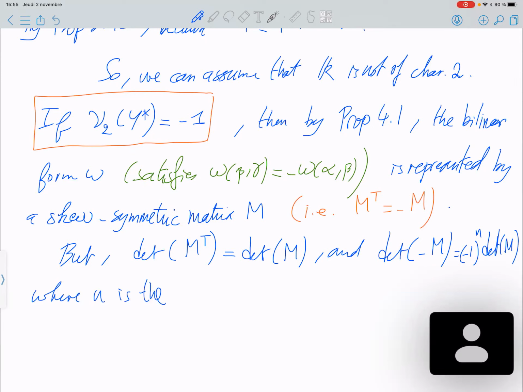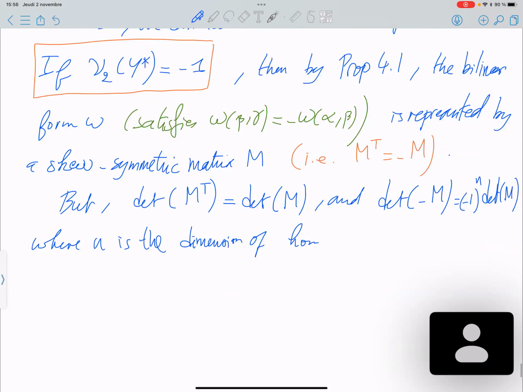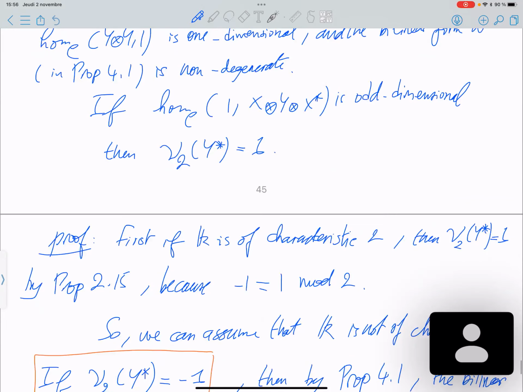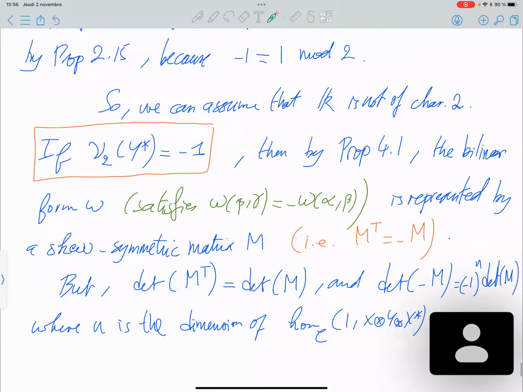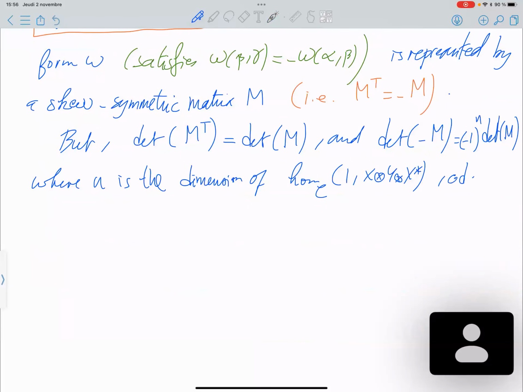So you see here why we consider the dimension of the space, where n is the dimension of the Hom space from 1 to X tensor Y tensor X star, which is odd by assumption. So minus 1 to the power n is minus 1.